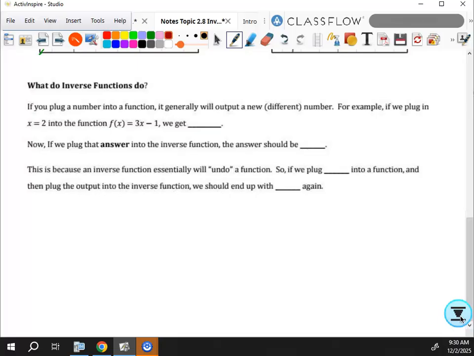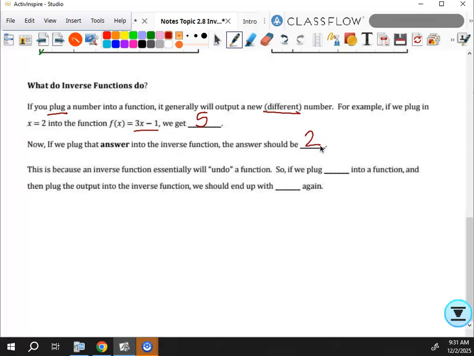Okay, what do inverse functions do? If you plug a number, which really means substitute, you substitute a number into a function, it will generally output a new or different number. For example, if we plug x equals 2 into this function, what do we get? 5, okay? If we plug that answer into the inverse function, the answer should be 2, right?